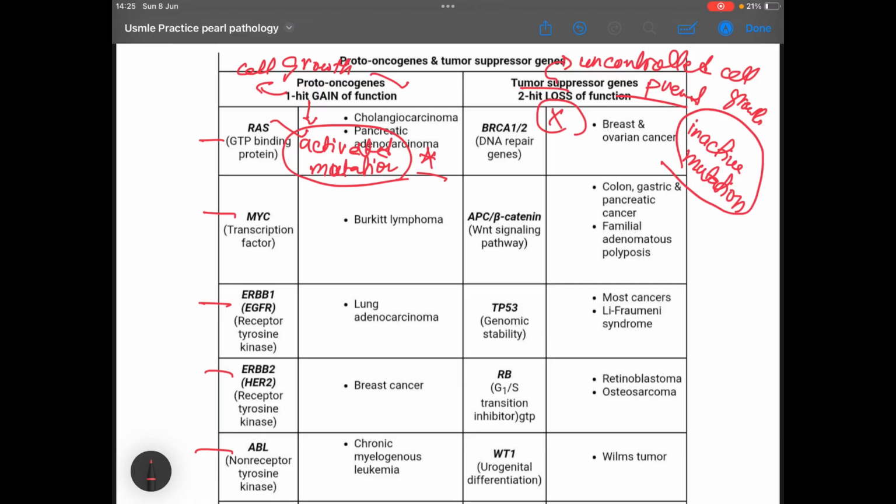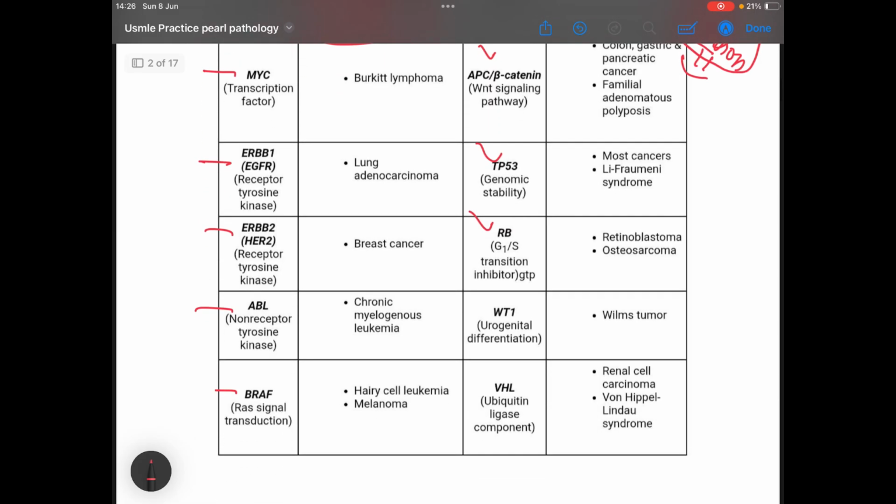So if the examiner asks about an inactivating mutation, then the genes responsible are BRCA1 and 2, APC, beta-catenin, TP53, RB, NF1, and VHL.